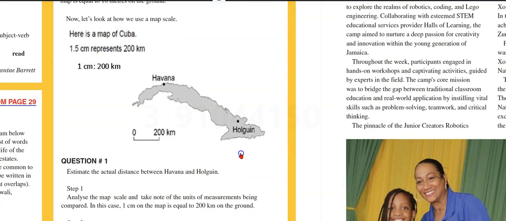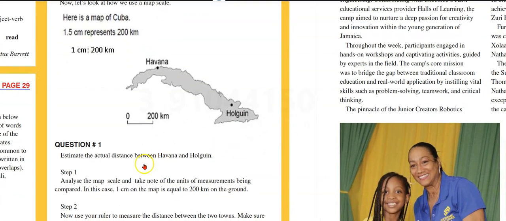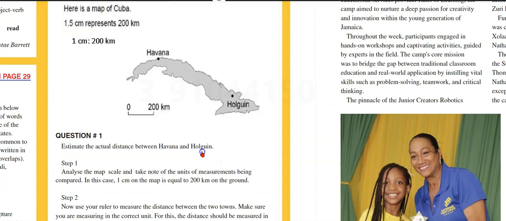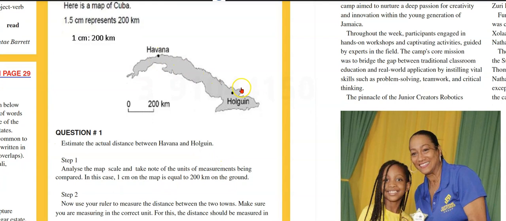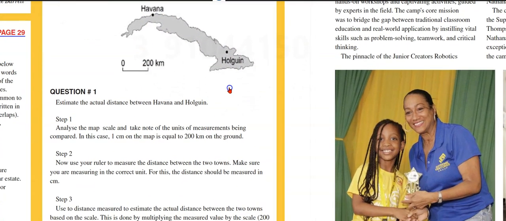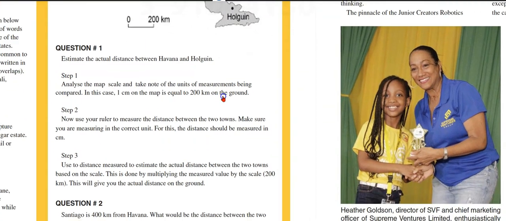It says estimate the distance between Havana and Holguin. Not certain of this pronunciation, especially in Spanish, but between these two places. So we would need to measure from here to here, and then use that to see.